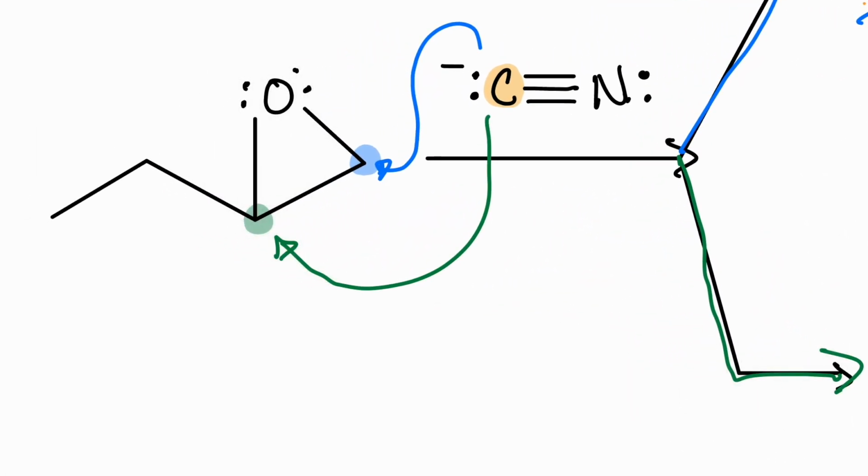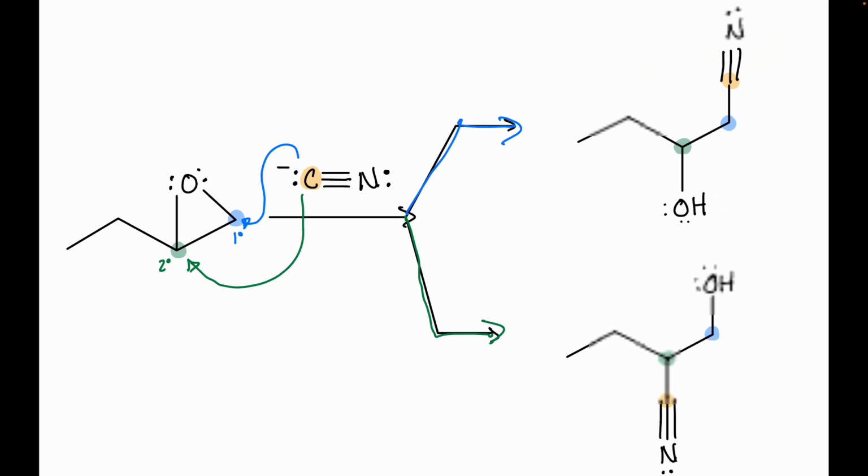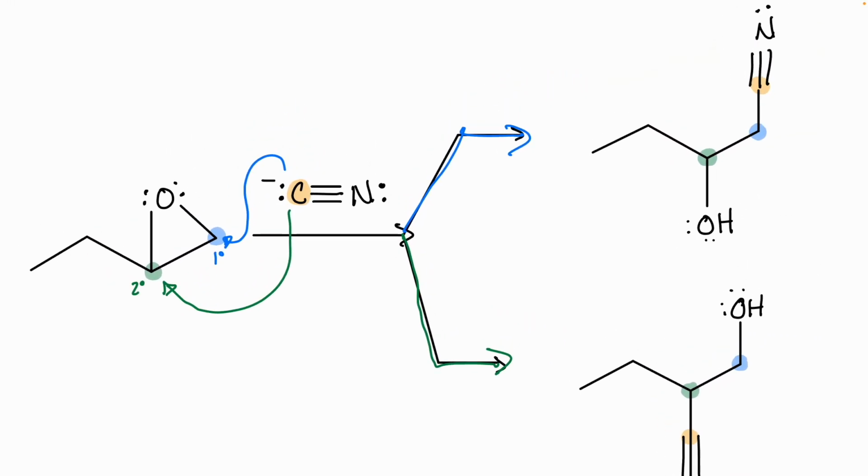Well, how many other carbon atoms is that blue carbon bound to? Only one, so we would call that a primary carbon. And what about that green carbon? How many other carbons is that one bound to? Two, so we would call that a secondary carbon. So what do we think? Is our nucleophile going to attack the primary carbon or the secondary carbon?